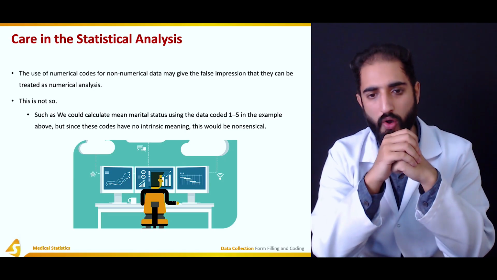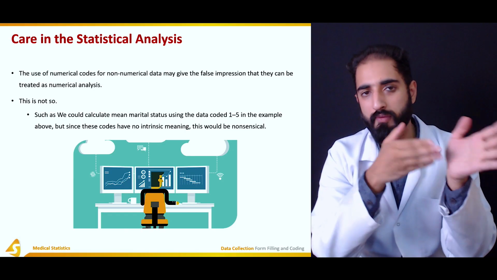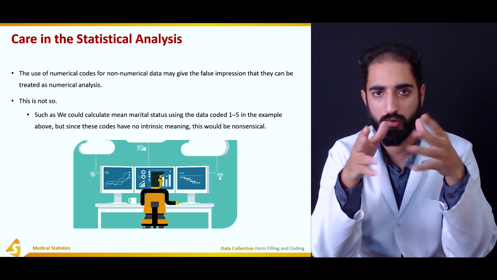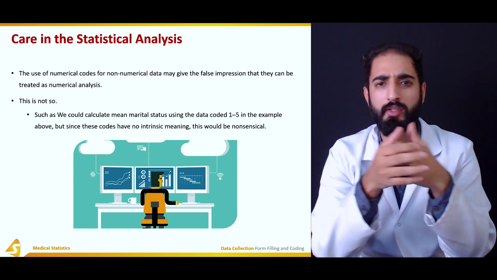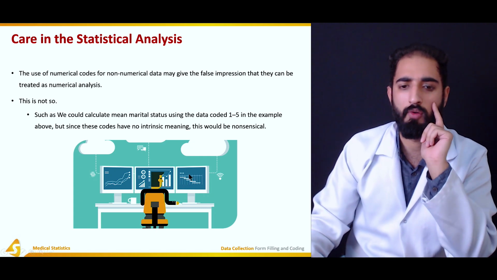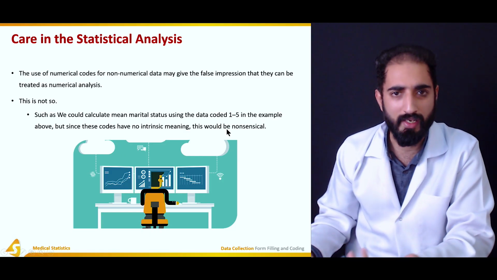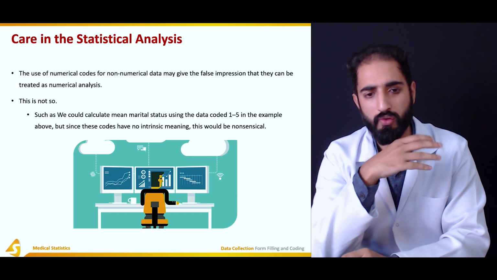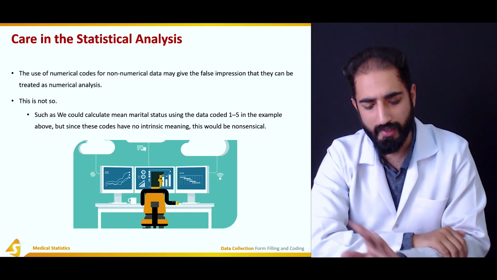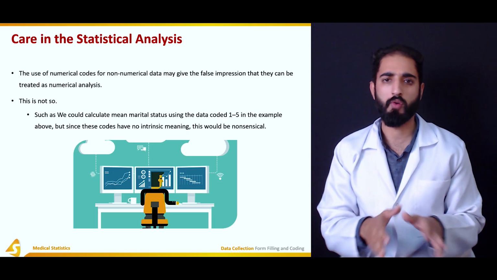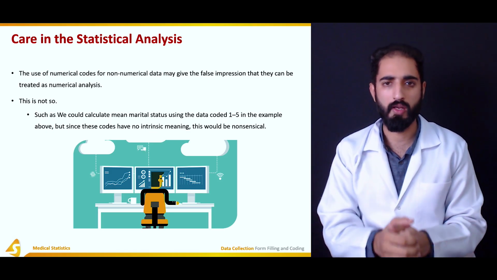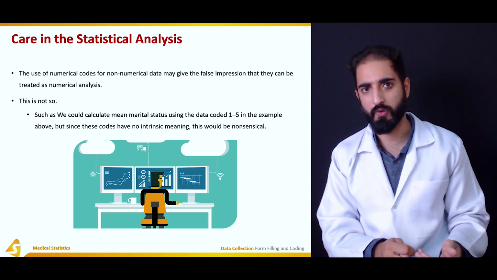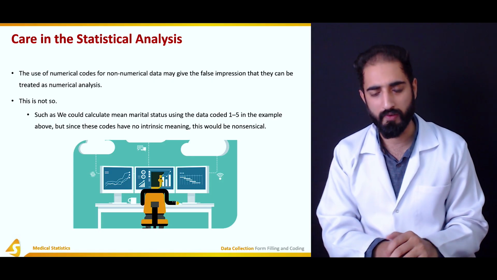Let's take the example of marital status, where there were 5 different categories like single, divorced, widowed, married, etc. I cannot calculate the mean of it. For example, if the mean value is 1.5, what does that mean? It is not purposeful or meaningful, it is nonsensical. So we should not analyze it as numeric data, because it is not; we are just coding it for easier analysis. We can divide into categories and find percentages and frequency distributions, but we cannot find the mean and so on.